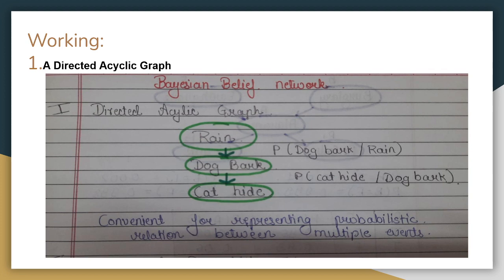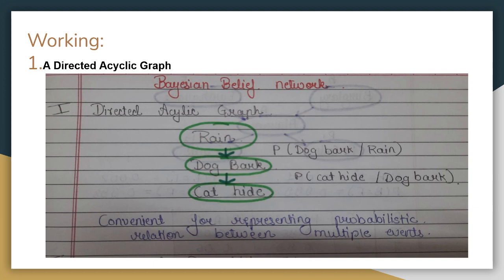There are two methods in the working of BBN. First is the directed acyclic graph. Here we can see by the example, if rain occurs, the dog barks, and by the barking of the dog, the cat hides.